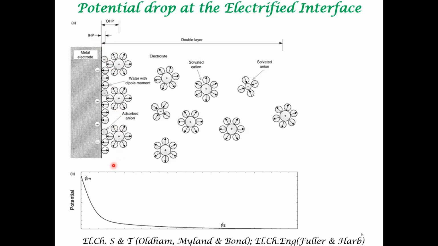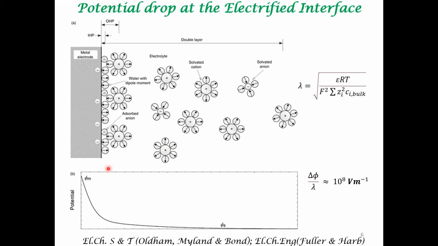But what is of importance is that there is a steep fall in potential. Why am I saying it's steep? Because the potential falls within this distance scale lambda, right? So what does that give us? If I know the temperature and the concentration of the ions, I can get the length scale lambda.